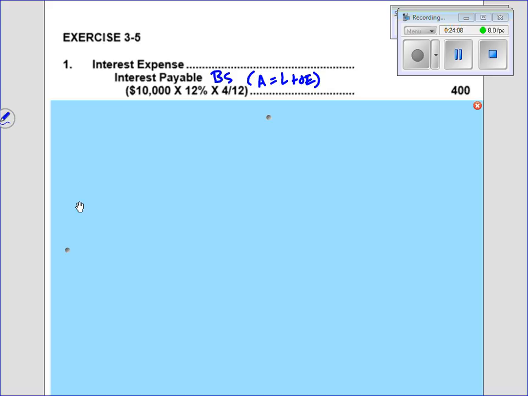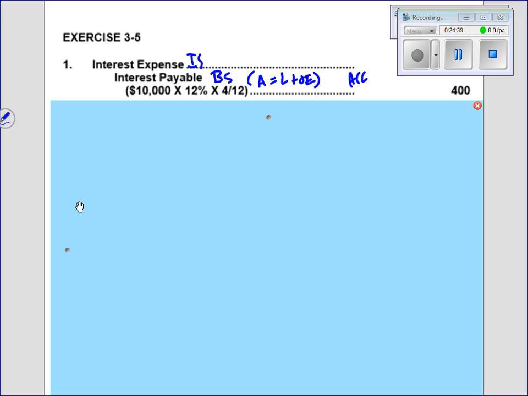An expense is part of the revenue minus expenses, so it is an income statement account. Is this an accrued adjusting entry or a deferred adjusting entry? It is accrued. The money has not happened yet, but 4 months have gone by and we've piled up some interest that we owe that we'll eventually pay.